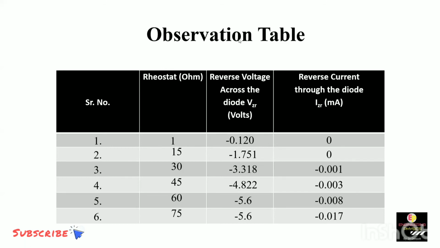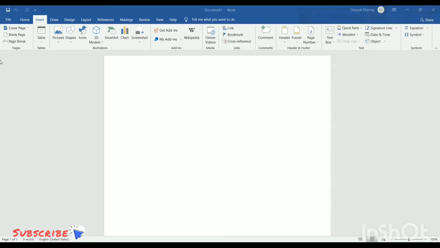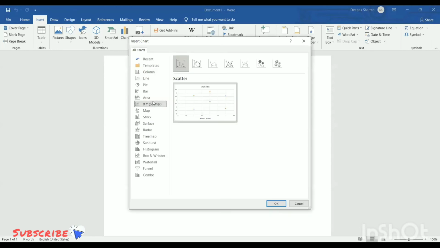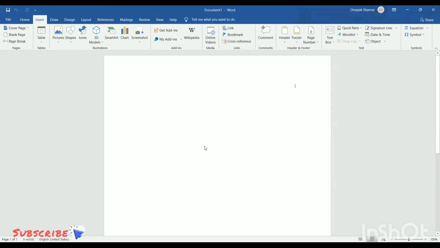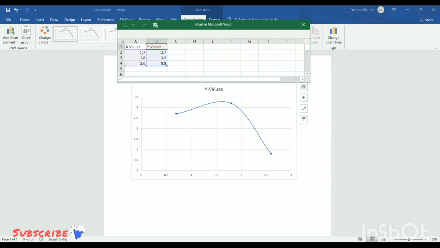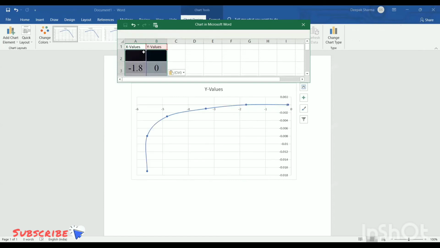So how can we plot the graph? We select the readings from the observation table and open a Word document. In the Insert option, we click on Charts, XY Scatter, and click on this curve. Now here we can put the values in the X and Y columns from the observation table.